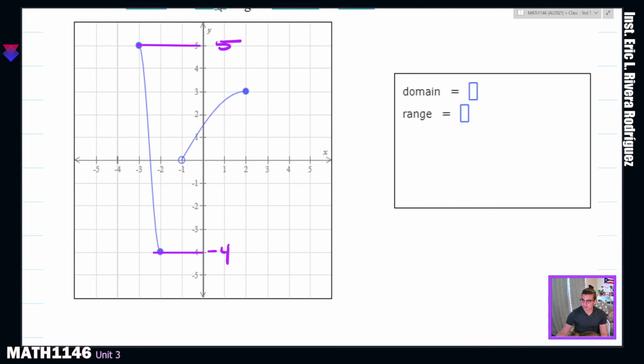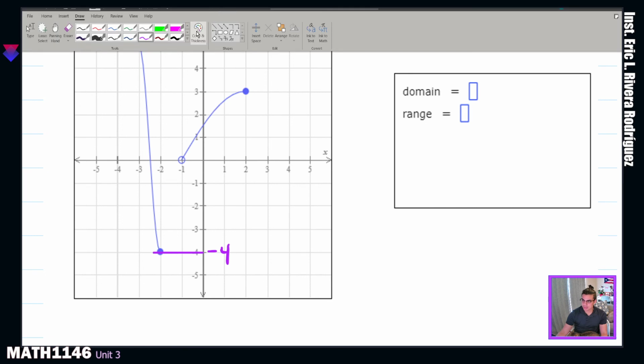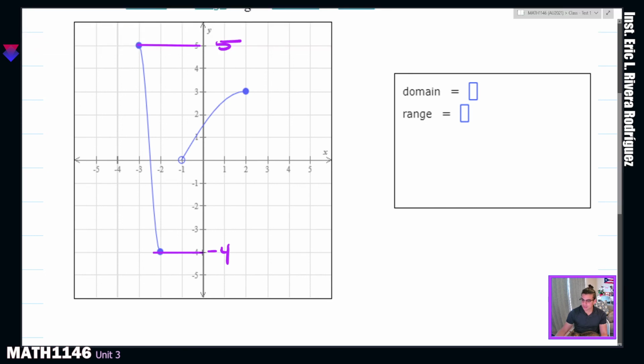So the graph goes from -4 to +5. This elongated part, this first fragment of the graph, the range of that fragment also covers the range of this fragment.